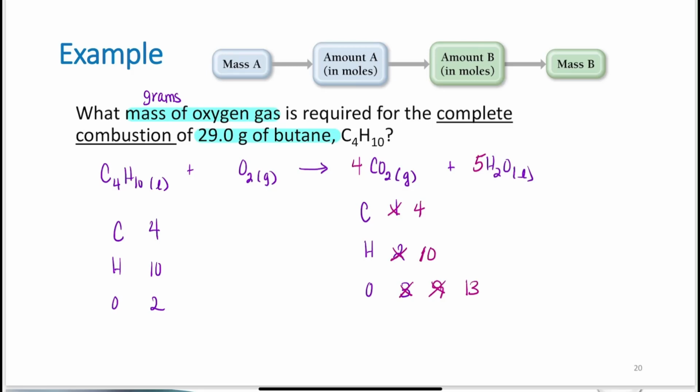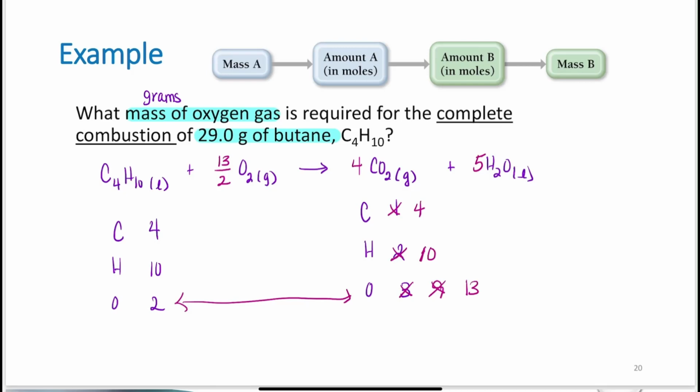Now, my carbons are balanced, my hydrogens are balanced, my oxygens are not even close to balanced. We talked about this in the combustion video, but I have 13 and 2. Easiest thing to do here is to give yourself a fraction, 13 halves. 13 halves of O2 is 13.